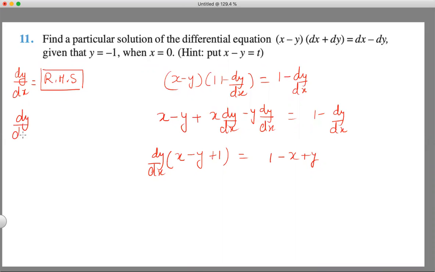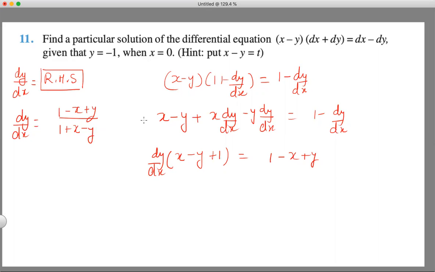dy by dx is equal to (1 minus x plus y) upon (1 plus x minus y). Okay, now this is the form we want, but now we have a problem. And that is why maybe this is a very good question, although it's a rare kind of question, but it is still a good question.